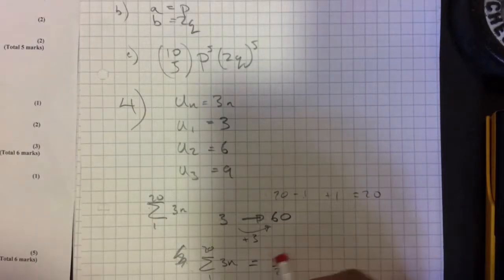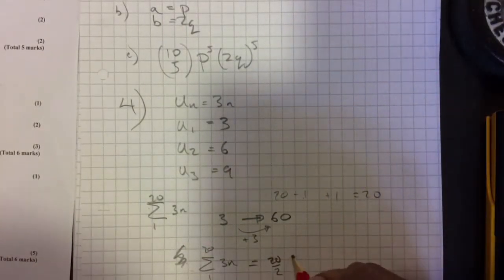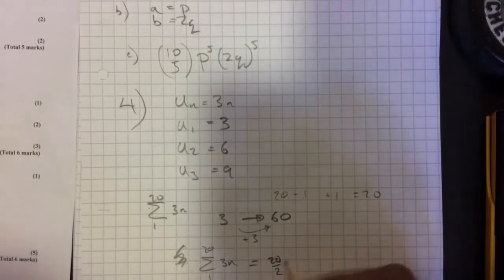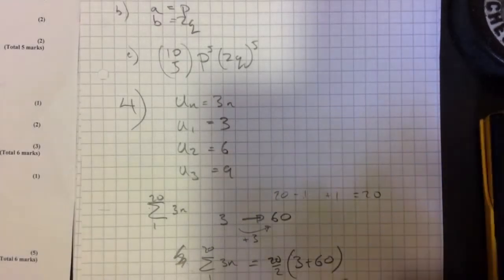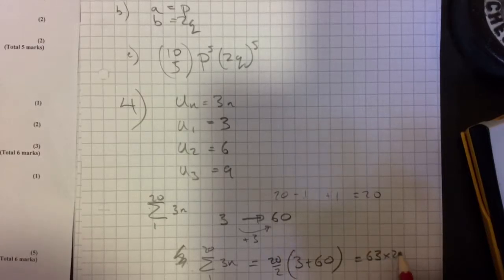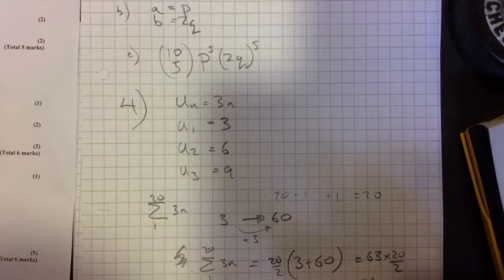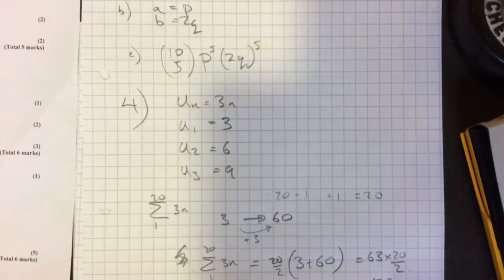It's not n, it's the number of terms we have, which we worked out is 20. Let's put 20 over 2. This n here is what is confusing. It could have used an r, it would have been nicer. And then first plus last, 3 plus 60, so that's 63 times 20 divided by 2 equals 630. Okay.